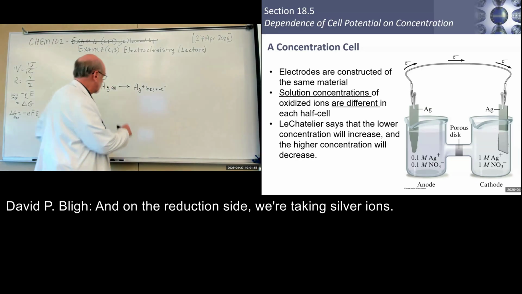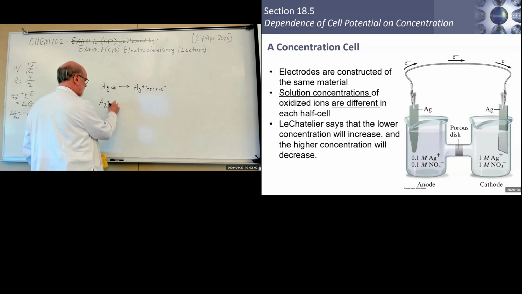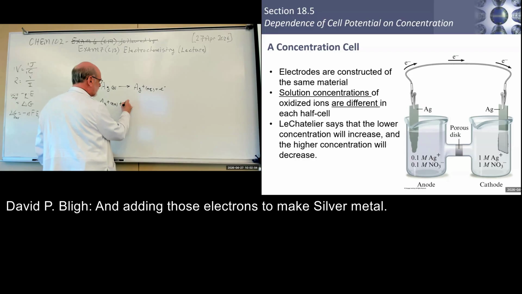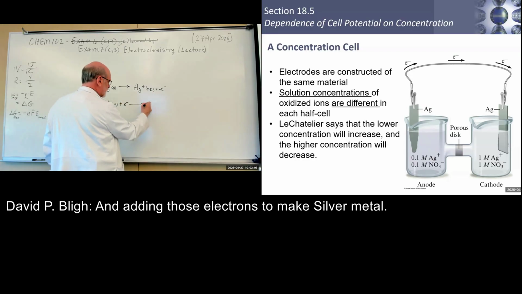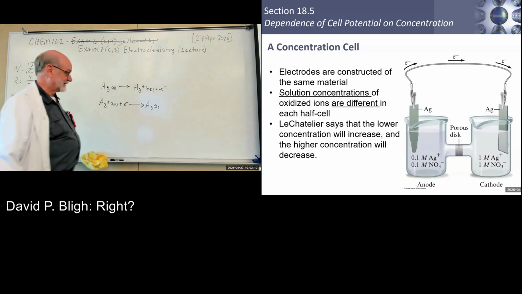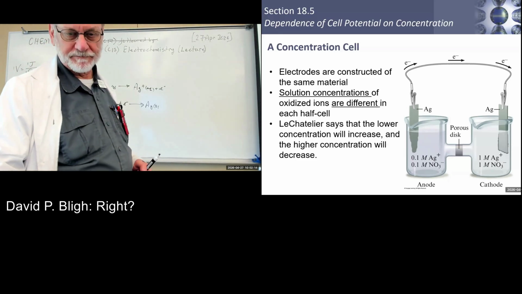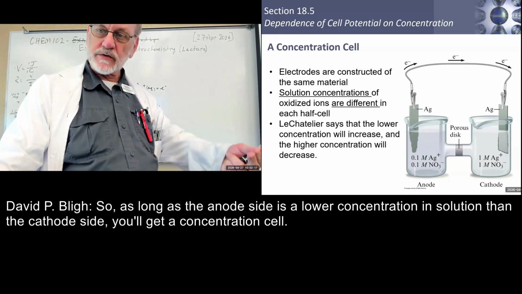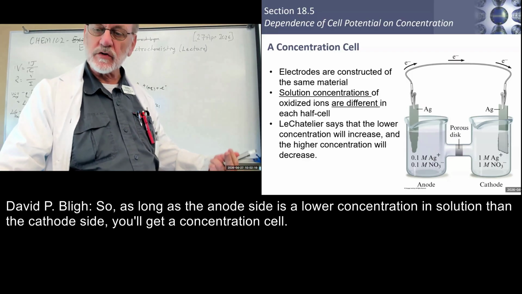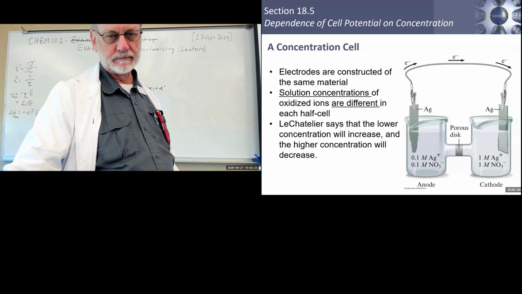And on the reduction side, we're taking silver ions and adding those electrons to make silver metal. So as long as the anode side is a lower concentration in solution than the cathode side, you'll get a concentration cell.